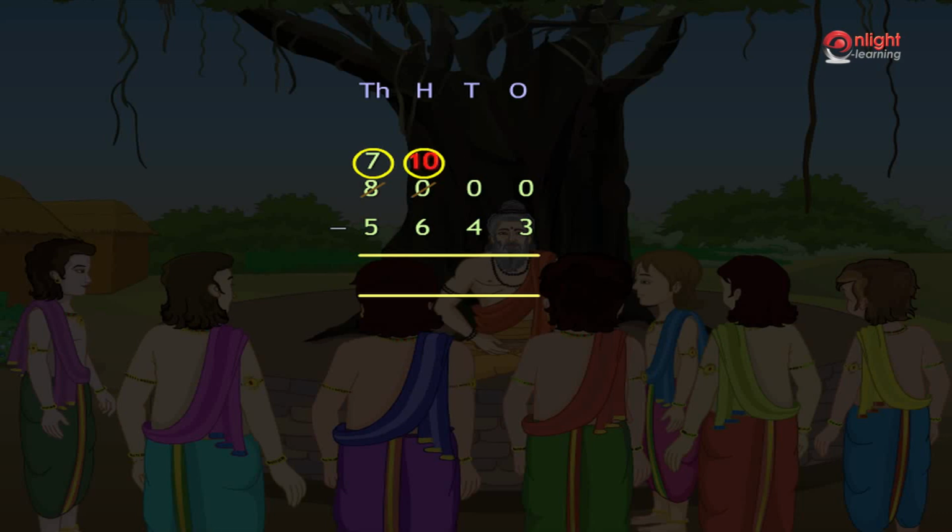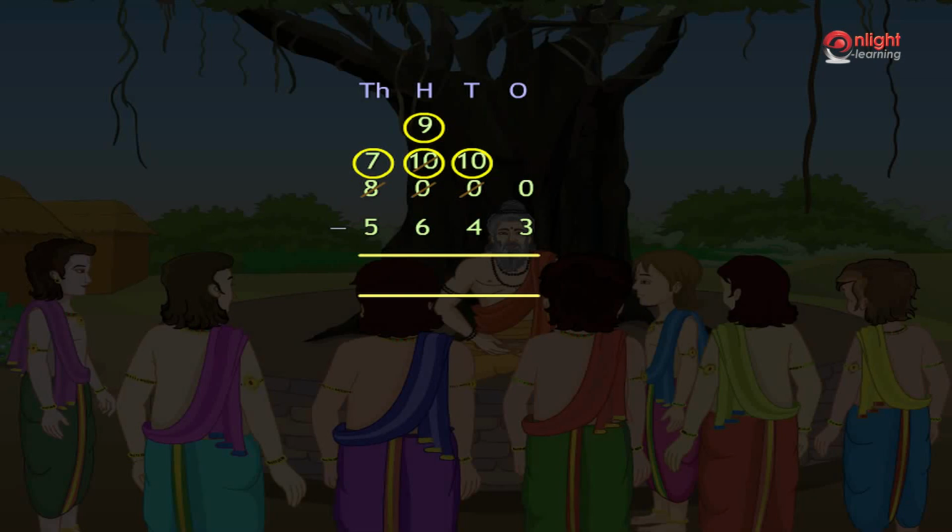So 10 hundred in hundreds place change into 9 hundreds, and 0 in tens place will become 10, as 100 is equal to 10 tens. Again, in units place we have 0. So borrow 1 ten from tens place.